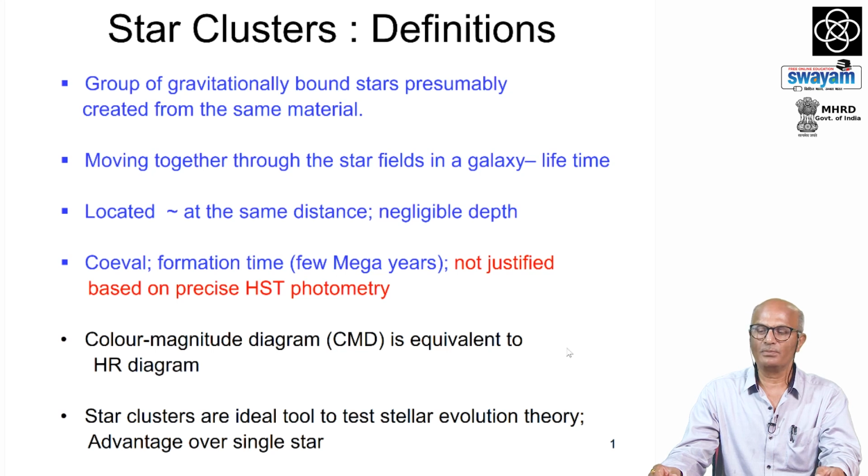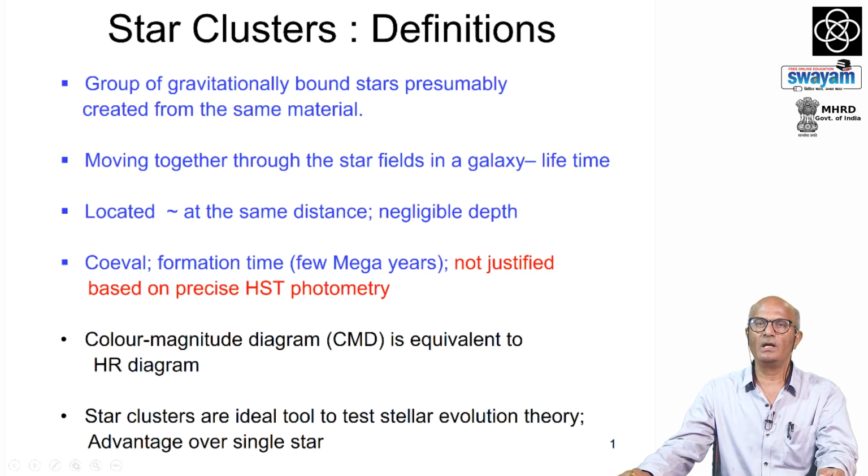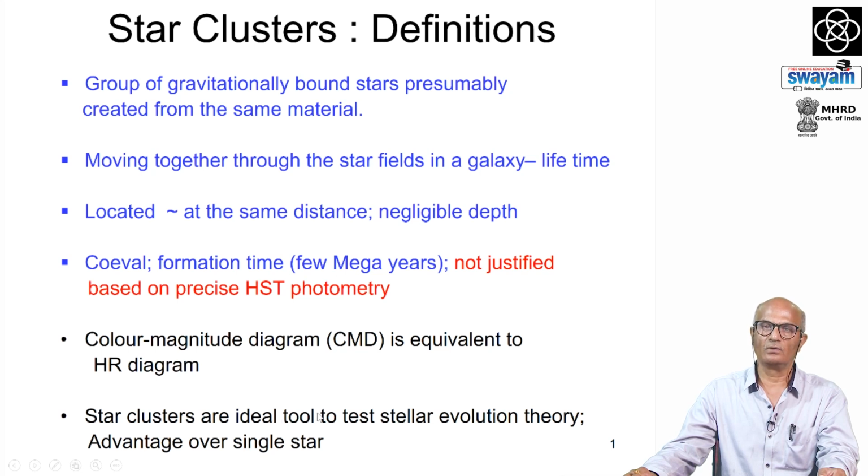And in fact, this property is very useful for the study of stellar evolution, and it is due to this reason that star clusters are known to be an excellent tool to test stellar evolutionary theory.